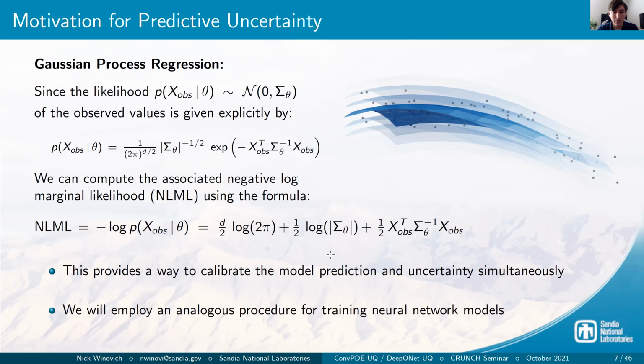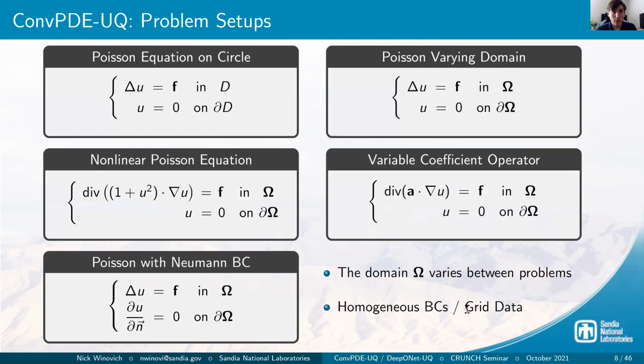So I wanted to see if we could potentially employ something like this way of training in the context of neural network models. The first attempt was back in 2019, where I worked on this convolutional PDE model and considered a number of different applications.